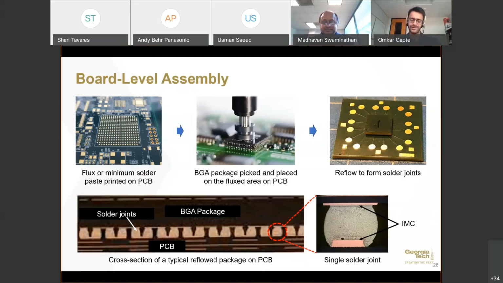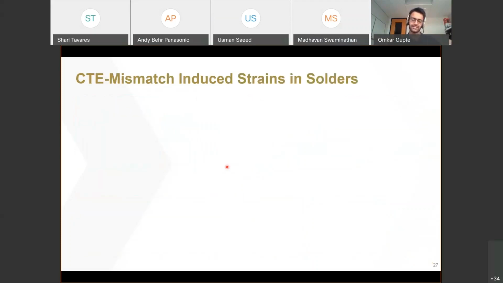Sure. Thank you. So at this point we saw that the board level assembly is done. During this assembly process, and not just this process, but the entire fabrication process of the package, the chip level assembly and the board level assembly, many stresses can be generated in different areas of the package itself, in different materials.